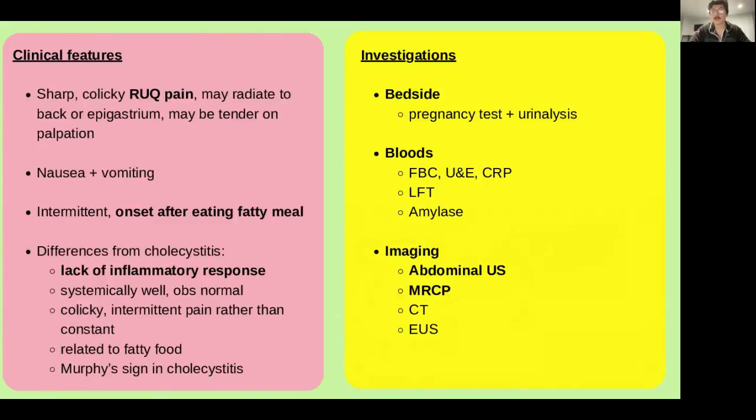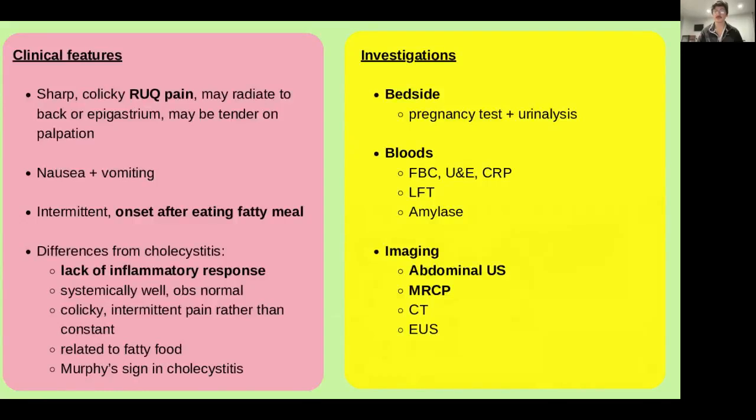So the key investigations, it's always good, especially if you're in an OSCE situation, to try and structure things, stratify investigations into bedside, blood, imaging, more specialized investigations. So always start with the simple things like bedside tests, pregnancy tests, good test in any acute abdominal pain in a woman to rule out pregnancy.